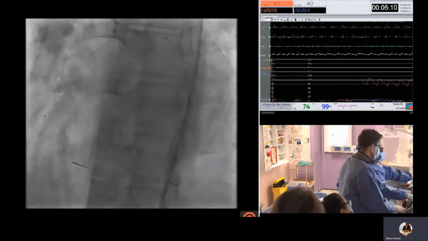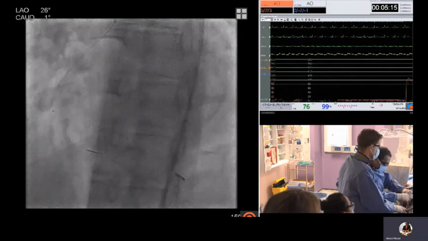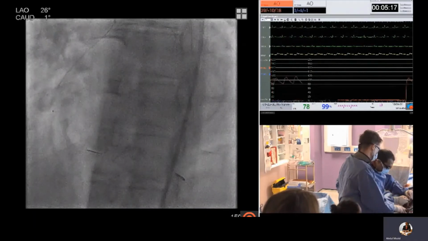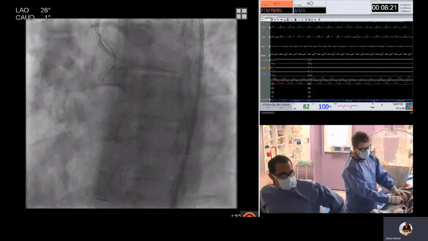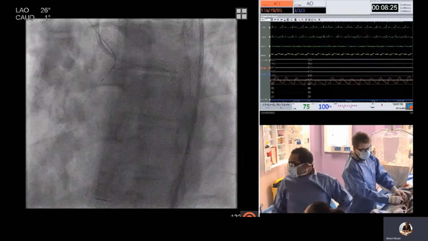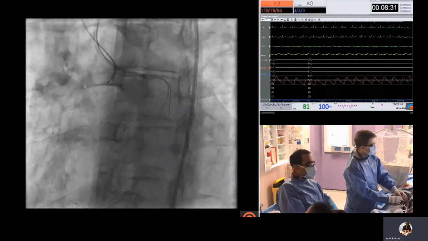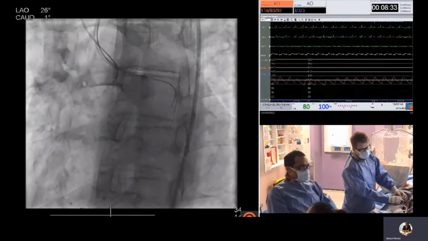And here we are then passing an IVUS catheter to assess the length of disease that needs treating and to ensure that we accurately size the vessel. And also we use the IVUS to clarify the ostium of the RCA, which we have identified here.